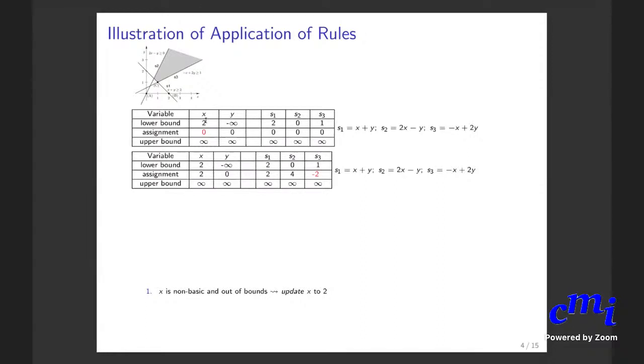Instead, you can tweak the simplex procedure. You don't need to have a new slack variable corresponding to x to take care of this constraint on the x variable. But what you can do is, right at the beginning of the simplex procedure, see if any of the program variables have any constraints, and you can fix them right away, to bring them to their respective bounds.